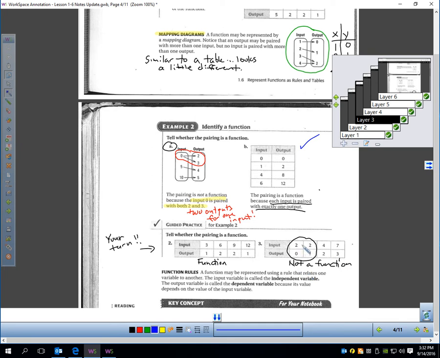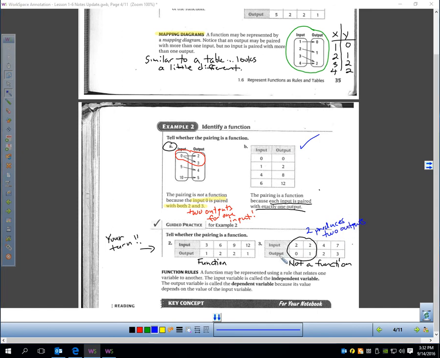Do you notice how the input 2, let me write that out here, produces 2 outputs? You can see them, I circled them. The input 2 can produce the output 0. The input 2 could also produce the output of 1. That's not a function.